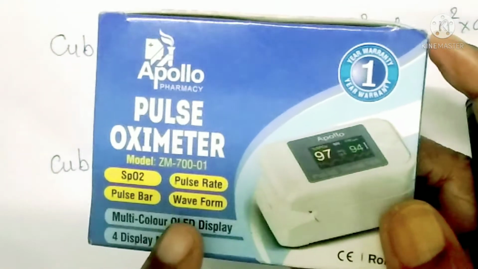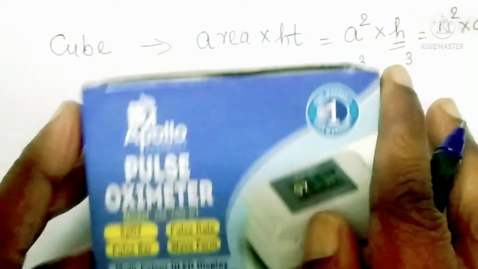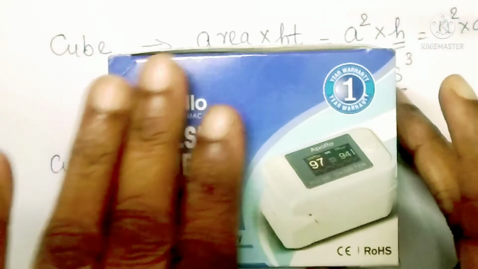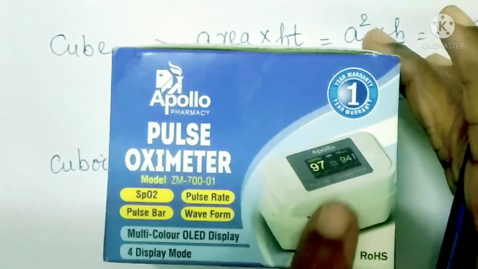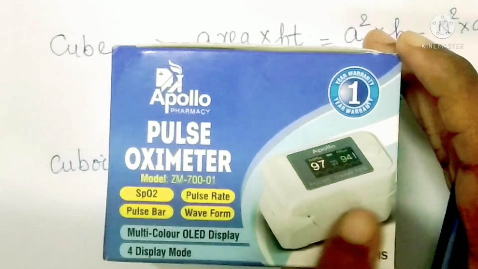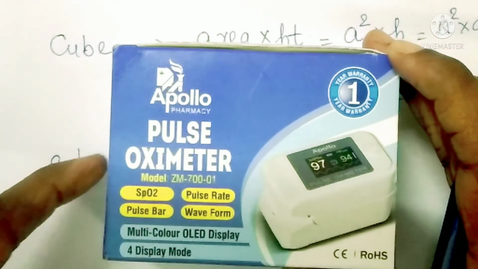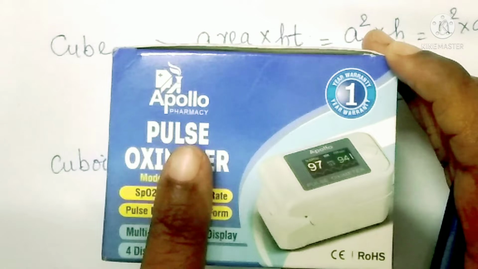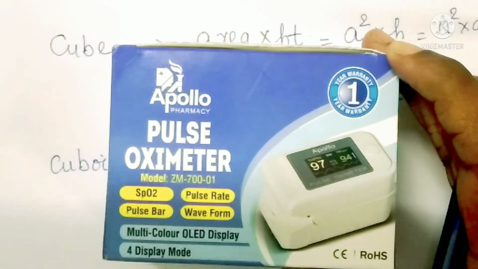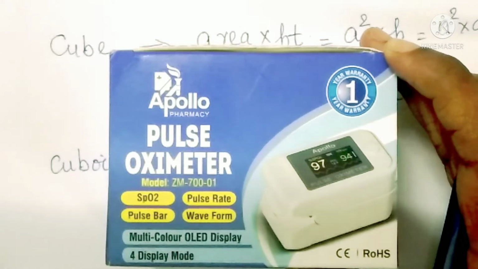Now how to find the volume? Volume means how much space it will occupy. So if you know how much plane surface it needs and how much height it needs, right? How many plane surfaces will come in this height, that you have to find out, right? So that total will be the volume.